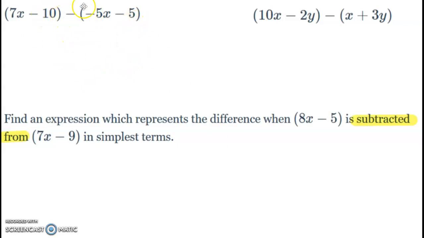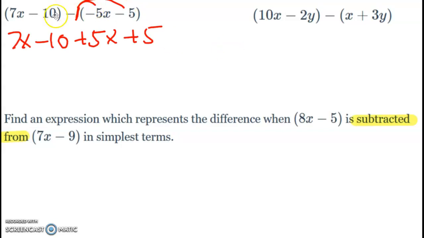You want to distribute that negative 1 on the second binomial there. So you're going to distribute that negative 1, and the first binomial is just going to bring down. Okay, so negative 1 times negative 5x is positive 5x. Negative 1 times negative 5 is positive 5.